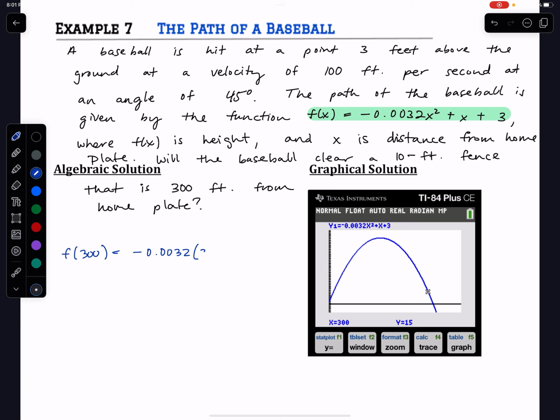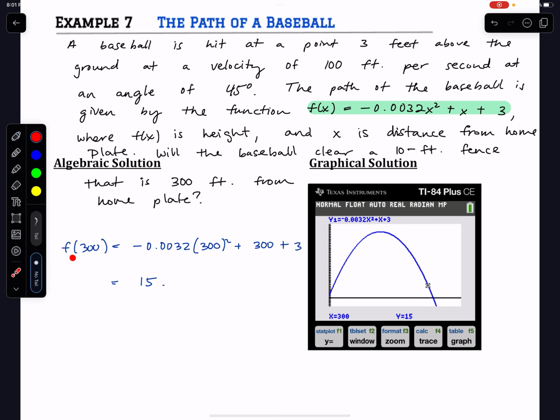0.0032 times 300 squared plus 300 plus 3. If you simplify that, you get exactly 15. Remember, the f part represents the height. We want the ball to clear a 10-foot fence, so as long as this number is greater than 10, the ball is going to go over the fence, and it does.